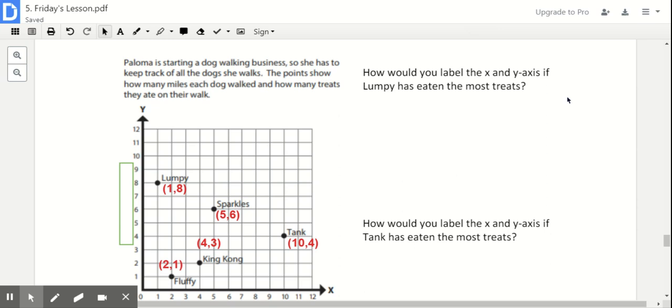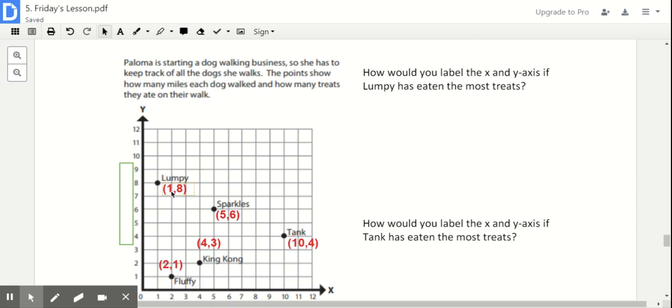Okay, so this is why we always start off with labeling our ordered pairs first, because this helps us understand the stories. Okay, so if we look at has eaten the most treats, we need to look at Lumpy. His ordered pair is 1 and 8. His highest number is 8. Does any of the dogs have 8 or higher in their Y coordinate of their ordered pair?